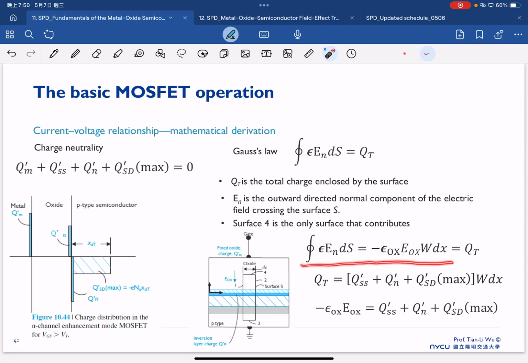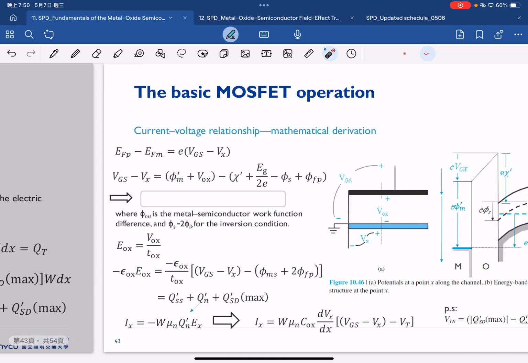This is the equation we already showed before, equal to Qt. And also Qt is equal to this one minus this one. In the end it will become this. So Qt is here, and we can follow the Gauss law to further derive.